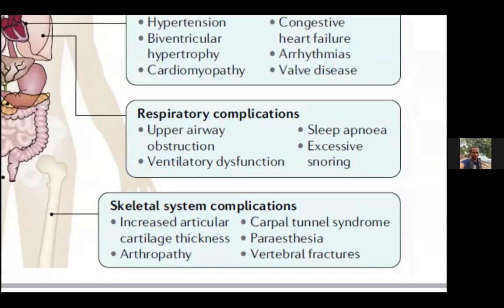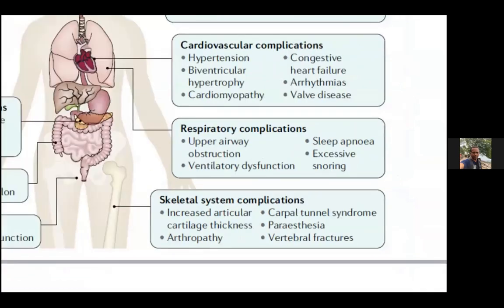When you come to the skeletal system, patients would have increased articular cartilage thickness. As I told you, this hormone can stimulate osteoblasts, osteoclasts, and also the proteoglycans and the cartilage forming cells, thereby causing articular cartilage thickness. Arthropathy would be there.